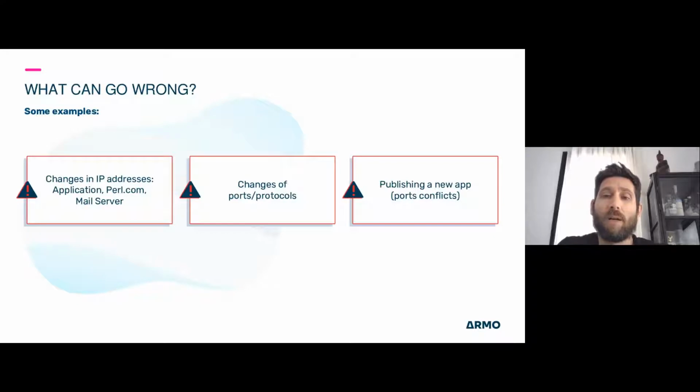So let's say that I allowed HTTP, but now someone moves to HTTPS, so I need to change the ports and protocols. And in some cases, if I publish a new application, movie review instead of book review, and it resides on the same subnet, I need to do some adjustments to the policy and to the IP addresses, etc., in order to adjust to the new situation.